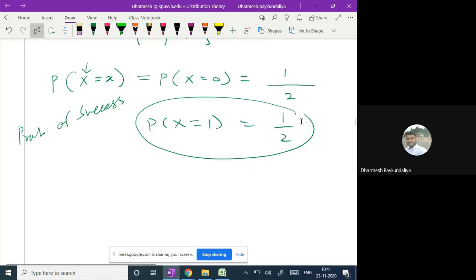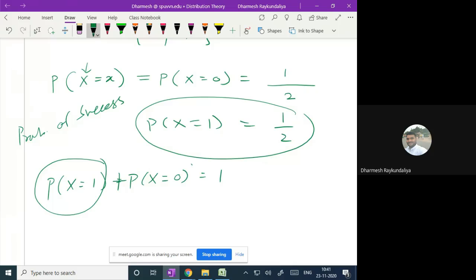So we know that the sum of the probabilities is 1. So the probability of x equal to 1 plus the probability of x equal to 0 is equal to 1. So the probability of success is half, and the probability of failure is also half. The sum is 1.